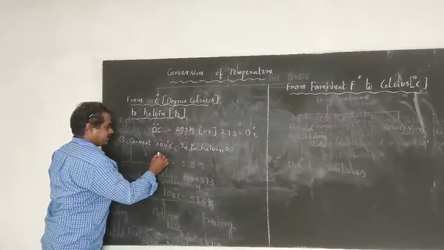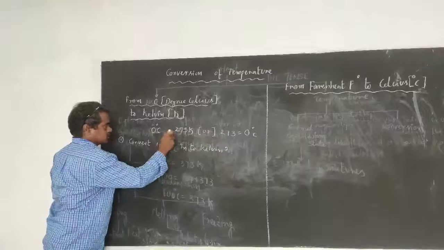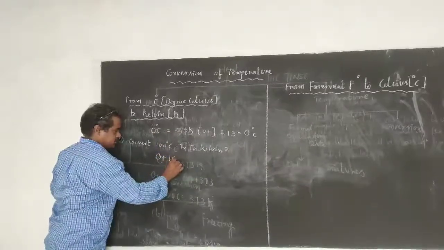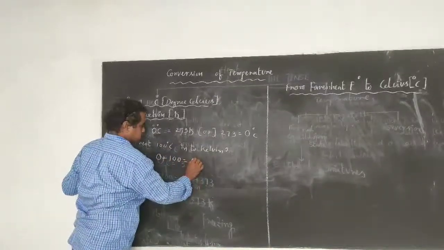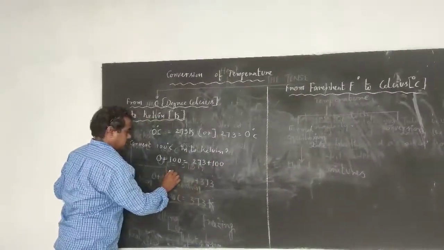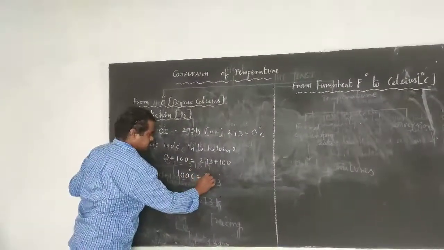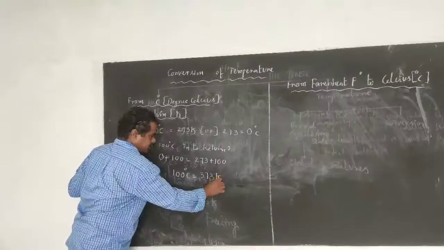Adding 100 on both sides of this equation, we get 0 plus 100 is equal to 273 plus 100. So we get 100 degrees Celsius is equal to 373 Kelvin.